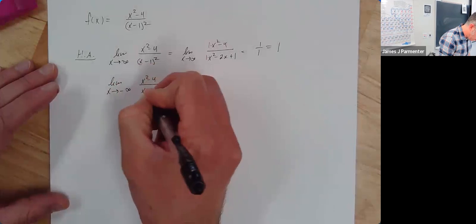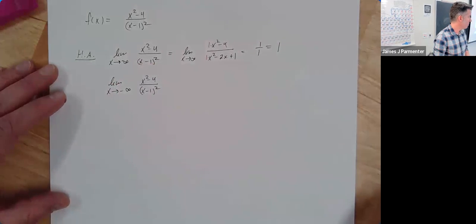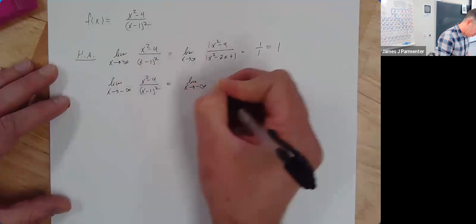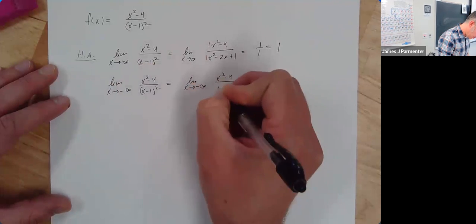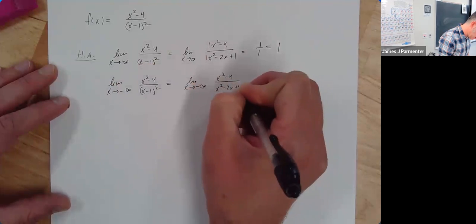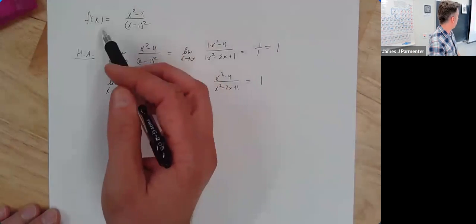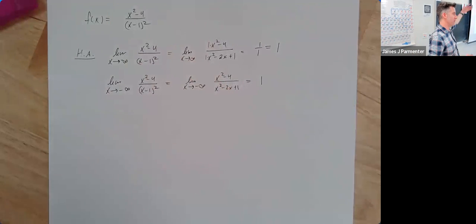But for any rational function, they will always be the same. There are some funky functions where the horizontal asymptote to the right and to the left are different, but rational functions never have that behavior. So if you have a polynomial over a polynomial, you can expect the limit at infinity to be the same as the limit at negative infinity.